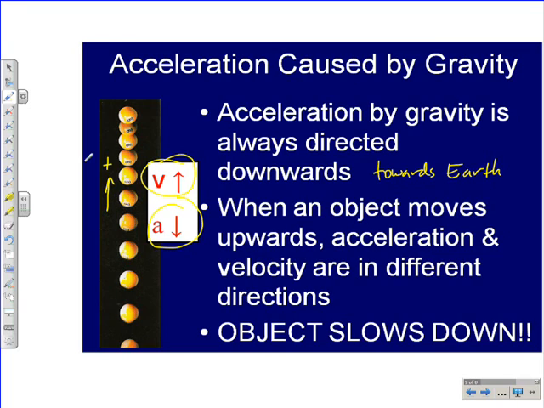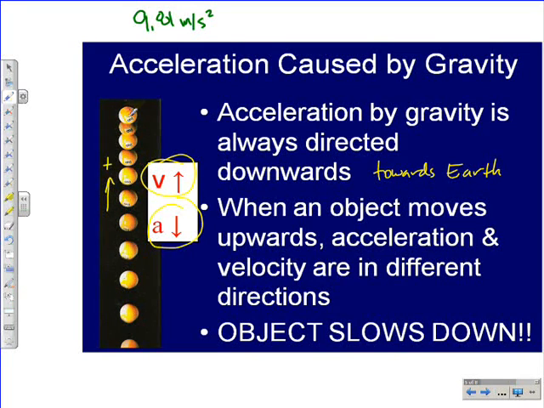Going back to a topic that we talked about earlier, what does it mean that gravity is causing an acceleration of 9.81 meters per second squared? Let's say each of these photographs is taken at a 0.1 second interval.